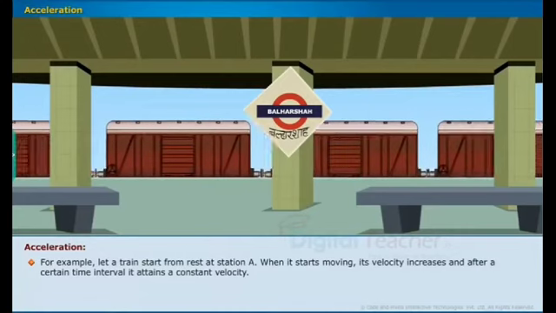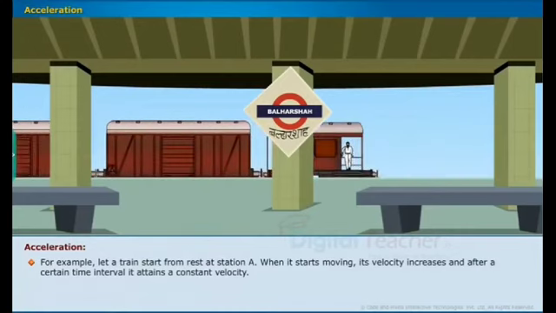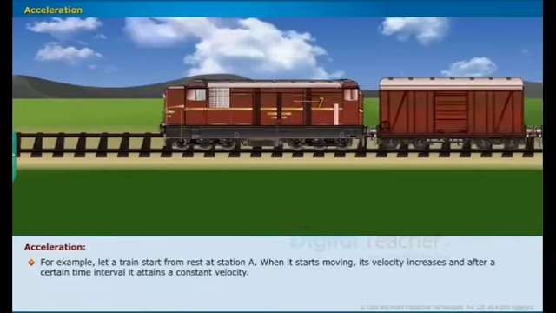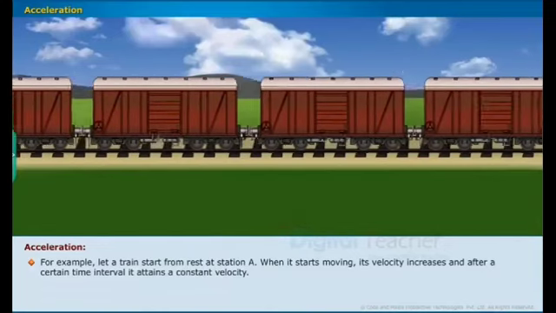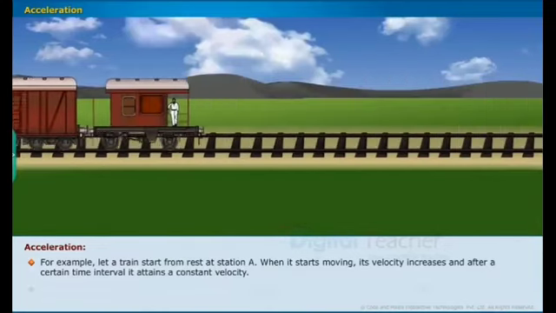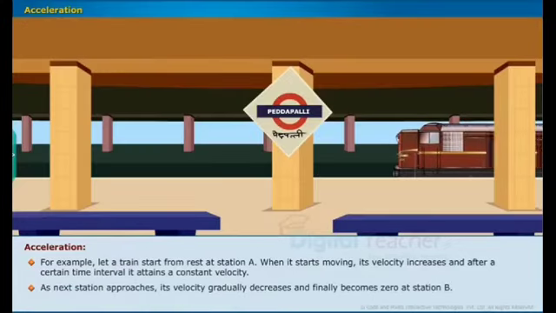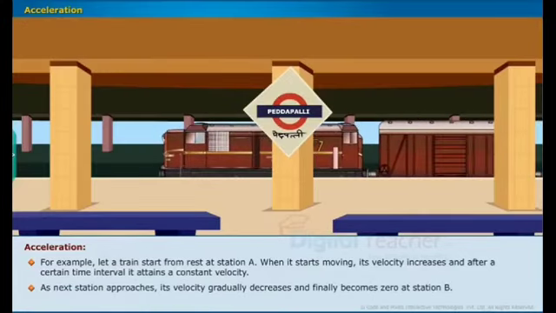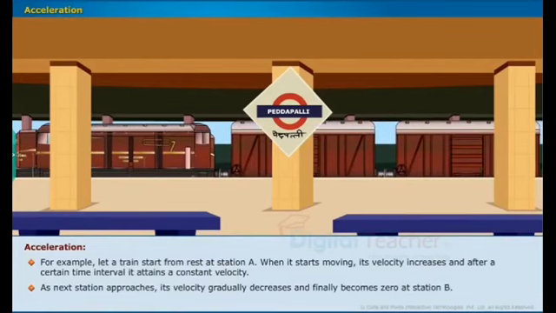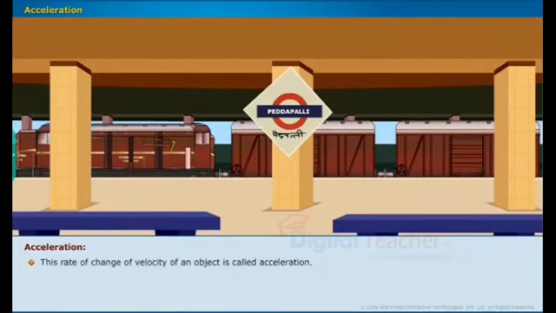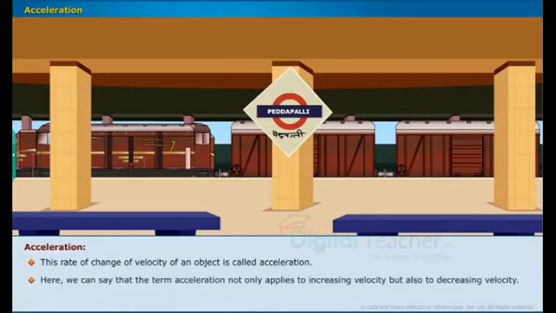See this example. Let the train start from rest at station A. When it starts moving, its velocity increases, and after a certain time interval, it attains a constant velocity. As the next station approaches, its velocity gradually decreases and finally becomes 0 at station B. The rate of change of velocity of an object is called acceleration.